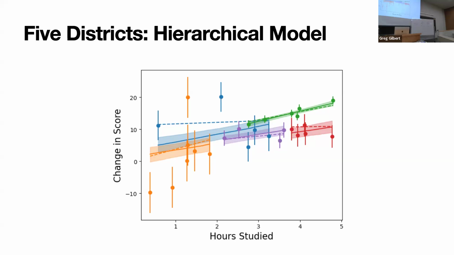Yeah. What's the sigma for a slope? I didn't write it down on the slides. I can check the code that I ran after this and let you know, but pretty small. You can see by eye, pretty small.